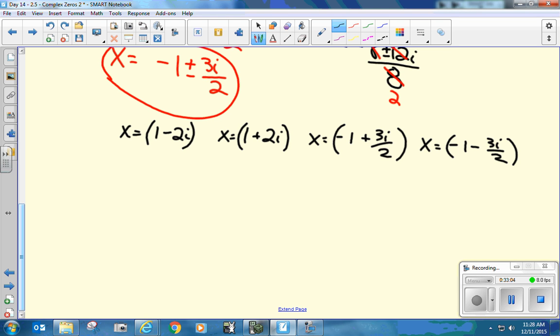If I'm going to write this in factor form, this is x what? Oh, it's x plus 1. This is positive up here, isn't it? So it's x minus 1 minus 2i. What would this one be? x, and there is a plus up here.